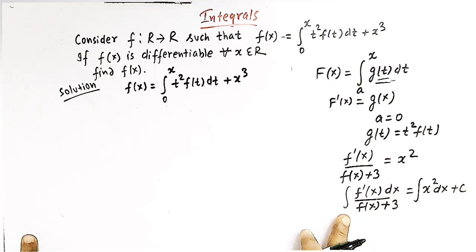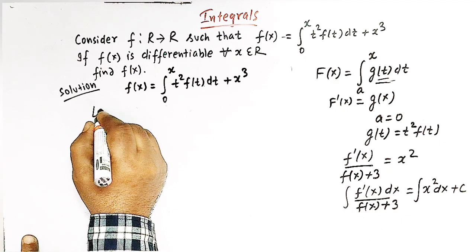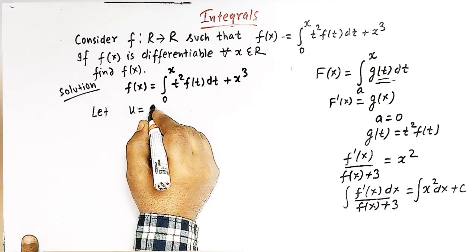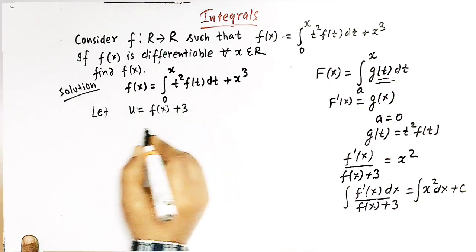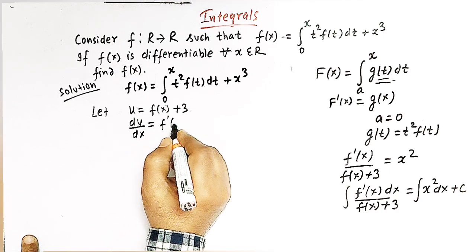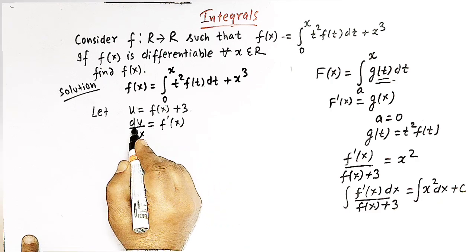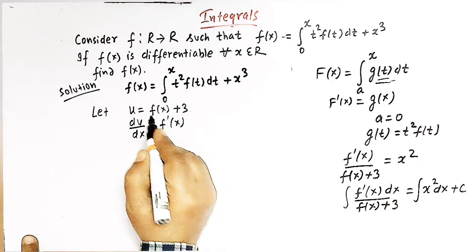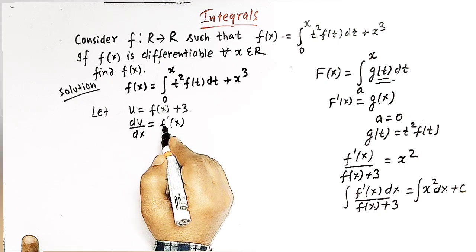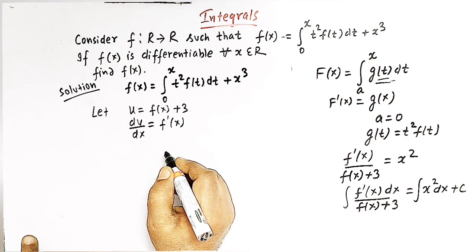Now to find the integral of the left side, we can make use of the method of substitution. Let us take u equal to f(x) plus 3. Differentiating both sides with respect to x, du/dx is equal to df/dx, that is f prime of x, and the derivative of 3, being a constant, is 0.